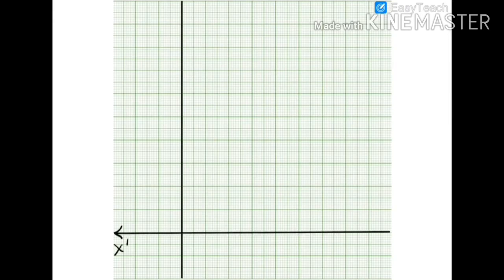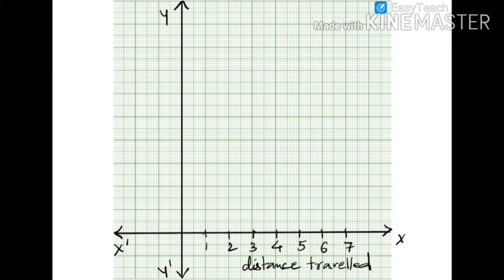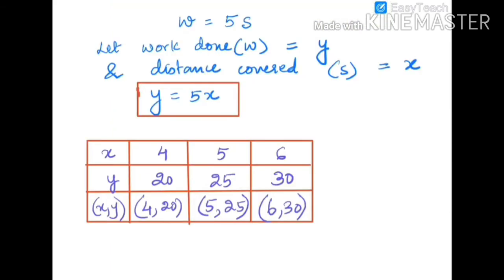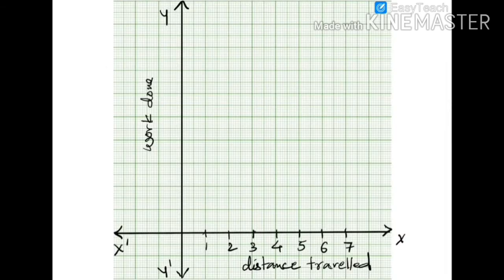Mark the x-axis x dash x and the y-axis as y, y dash. On the x-axis, we represent the distance covered, and on the y-axis, we represent work done. Since the numbers for y-axis are multiples of 5, we can choose a suitable scale and take 1 centimeter on the graph as 5 units for work done.